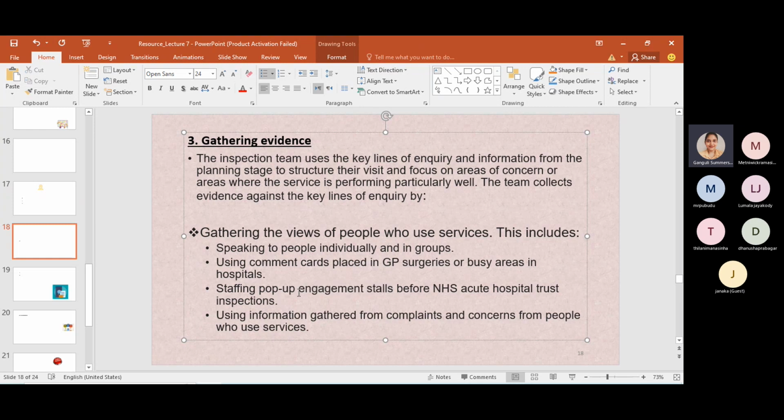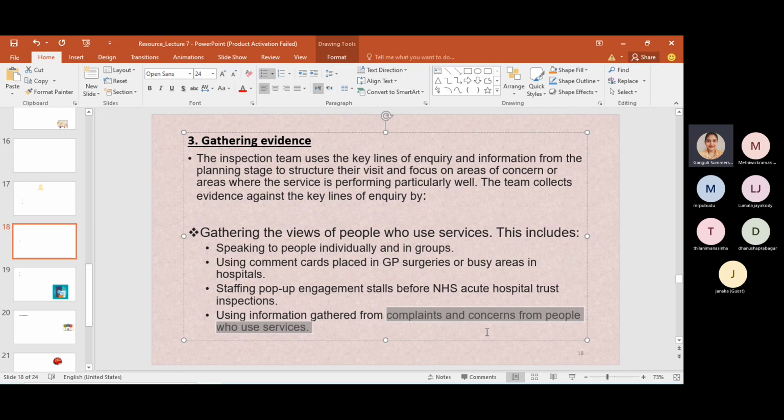Also the CQC team will gather information from complaints and concerns from service users, because there can be some complaints or concerns made by the service users.